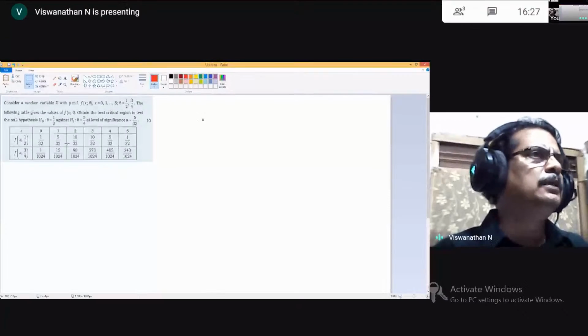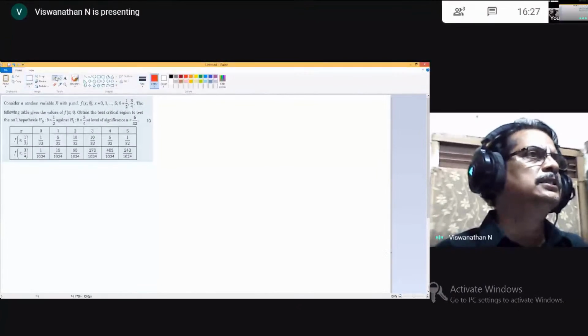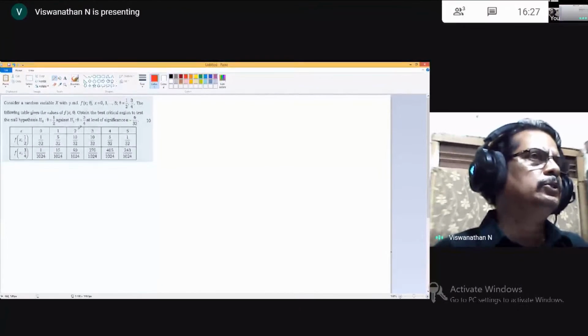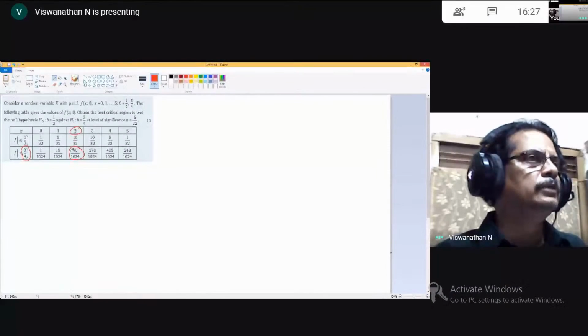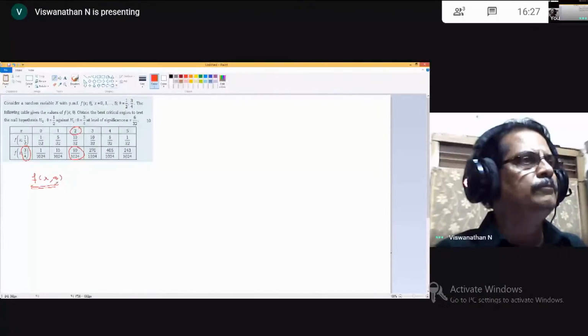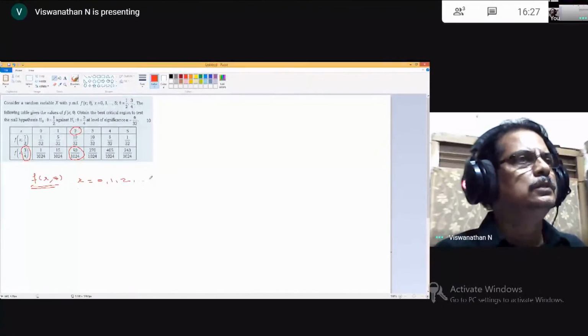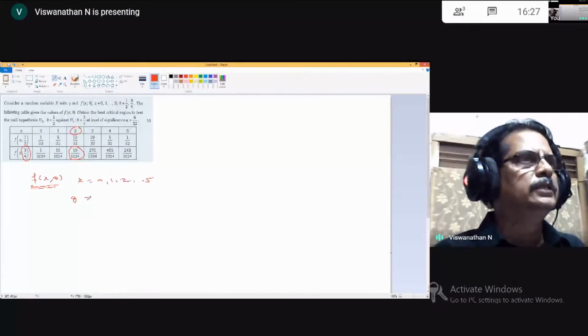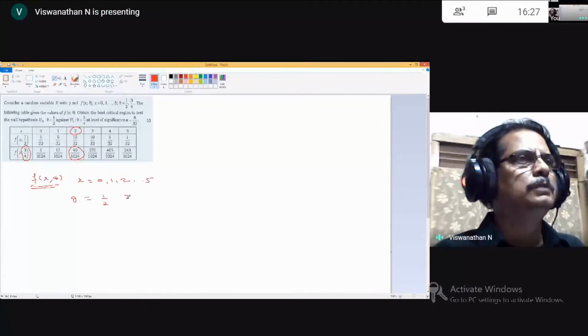Say, for example, if X is 2 and theta is 3 by 4, this is going to be my value. So we have a density which varies with respect to X comma theta, and X can take values 0, 1, 2 up to 5, and theta takes only two values, 1 by 2 and 3 by 4.